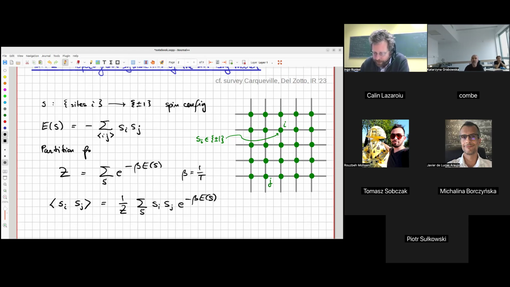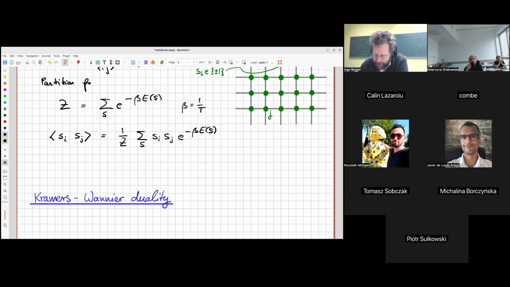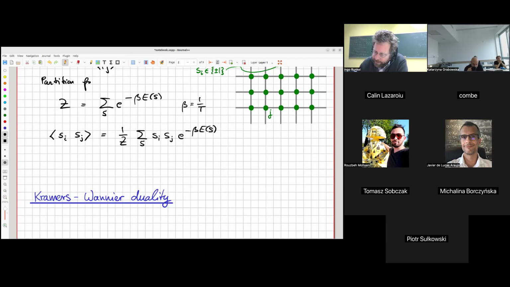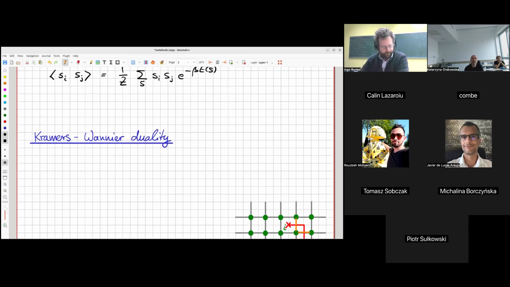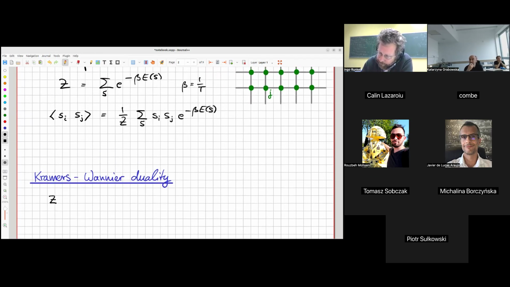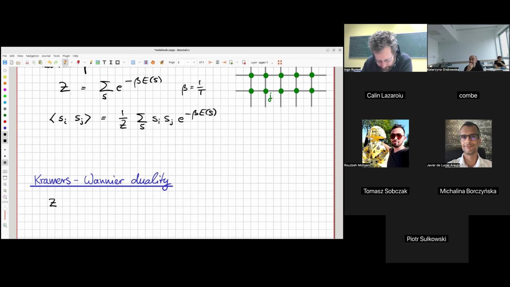Yet this model looks very basic, but it is very interesting. One interesting feature it has is a high-low temperature, or order-disorder, duality, which is called Kramers-Wannier duality. So I want to explain a little bit what that is. Firstly, it is an identity on partition functions. Remember, I had this expression up here.